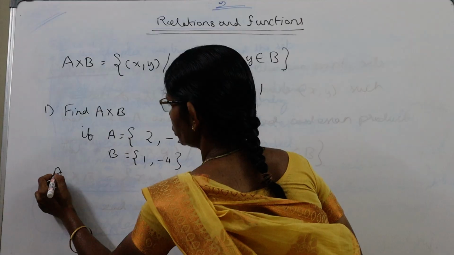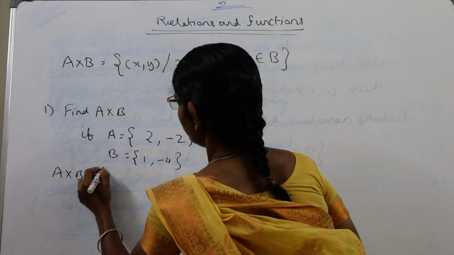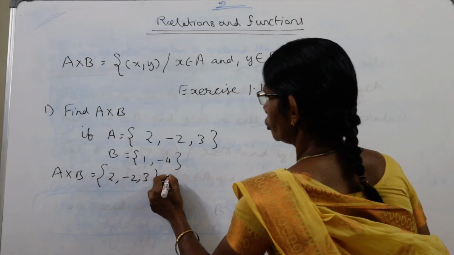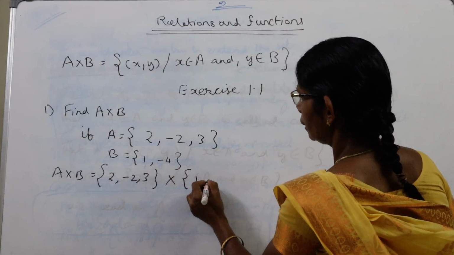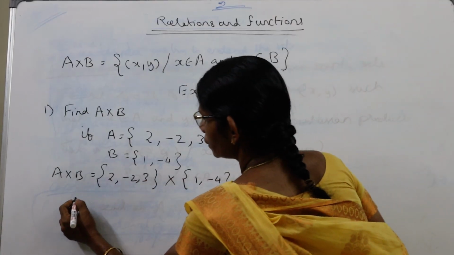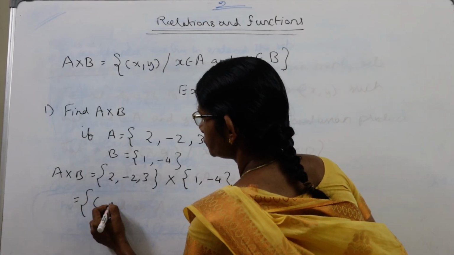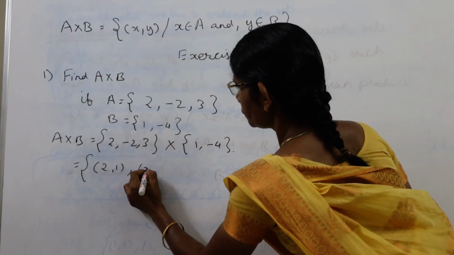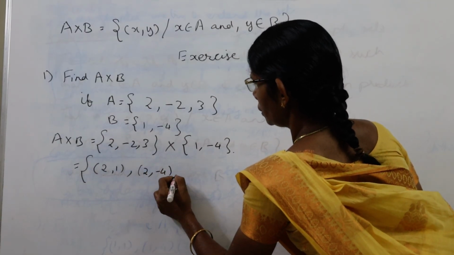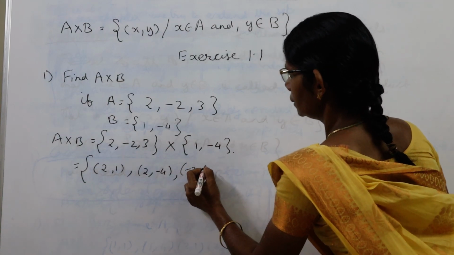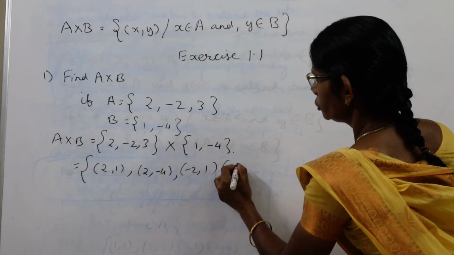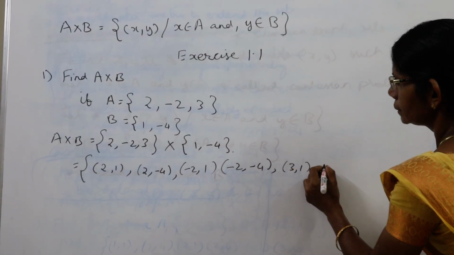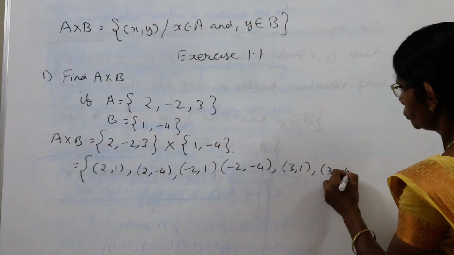Now A cross B equals the set of all {2, -2, 3} cross {1, -4}, which is {(2, 1), (2, -4), (-2, 1), (-2, -4), (3, 1), (3, -4)}.